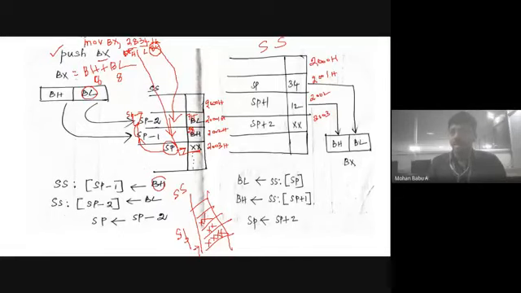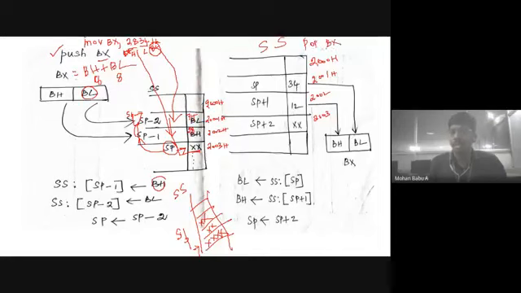So BL means it will store the lower address data, and BH means it will store the higher address data. BX is a 16-bit register, so it can store a maximum of 16 bits. The instruction here is POP BX.